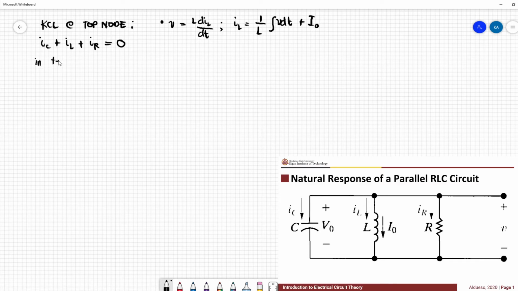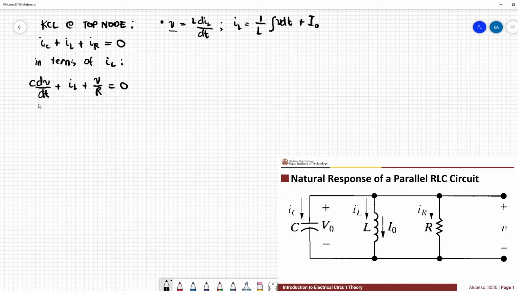So in terms of IL, the current in the capacitor can be expressed as C dV over dt plus IL plus V over R equal to 0. Now take note that our V is equal to L dIL over dt.